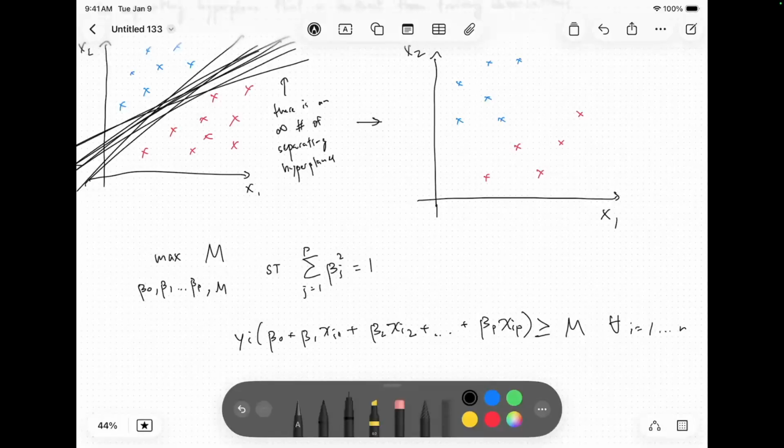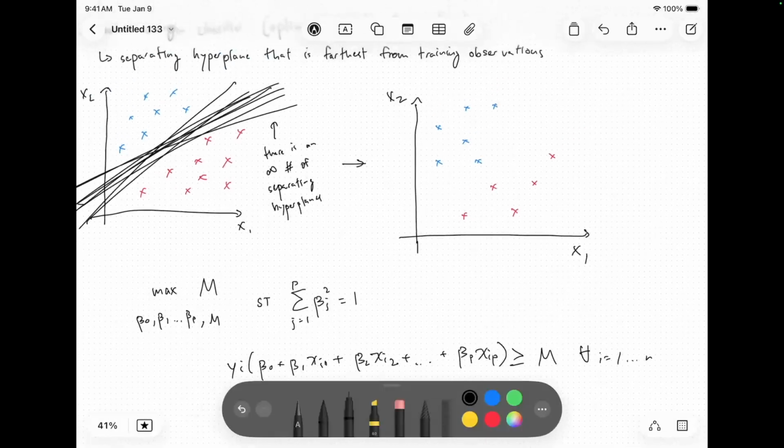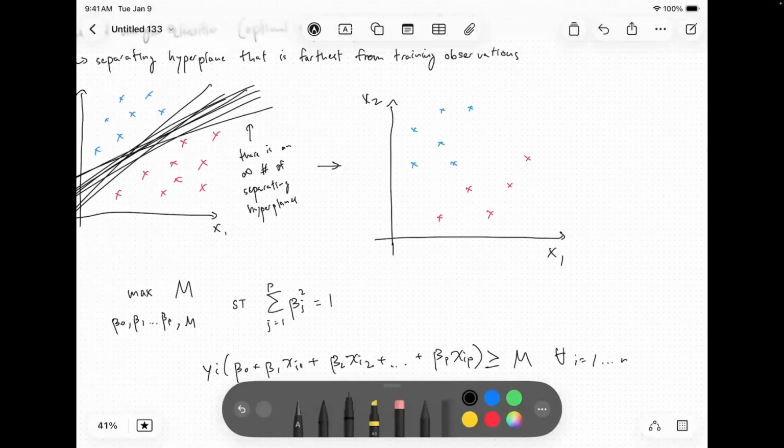So the idea here is that there's a particular hyperplane that we want to draw. Let me draw that. I want to draw a line through here such that if I look at the perpendicular distance from the closest points to the line, it would be something like this.